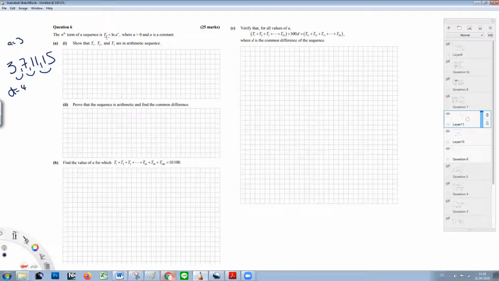Now we know that Tn is equal to ln A^n. And this is where it's really important to know your log rules. These kind of things come up quite a lot, and being able to understand what needs to be done with your logs is important. So ln, of course, is just log to the base e.